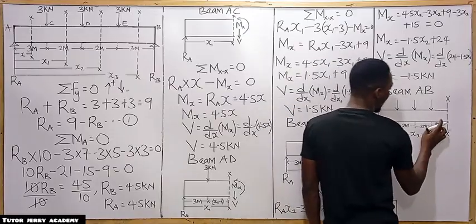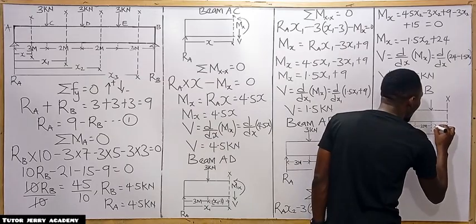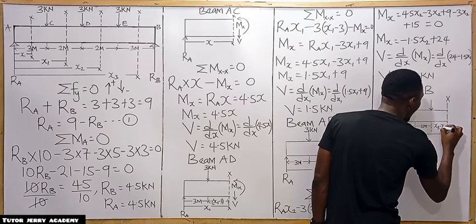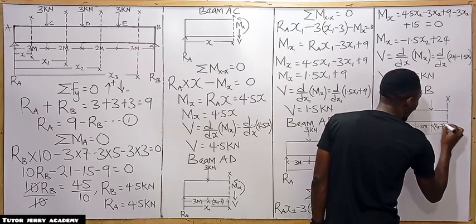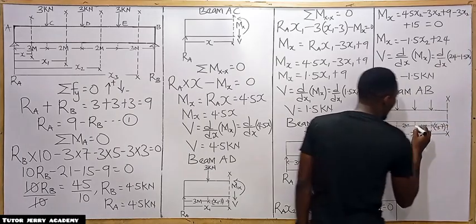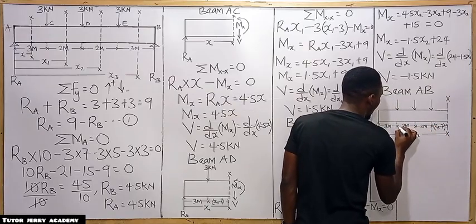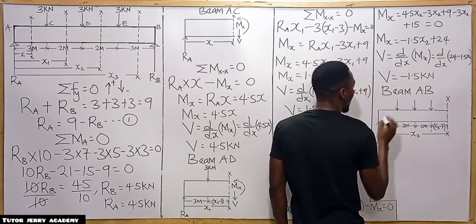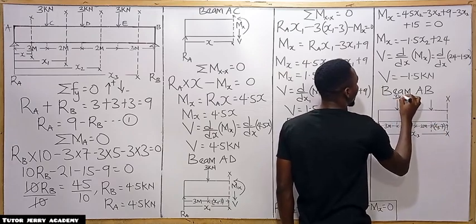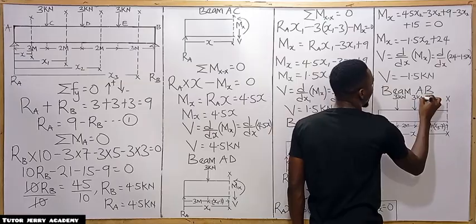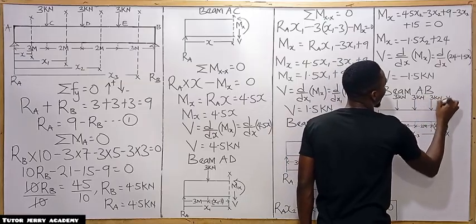So here is going to be S3 minus 7. Here we have 3 kilonewton, 3 kilonewton, and 3 kilonewton.